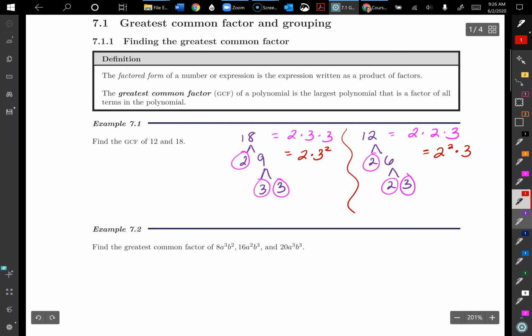So we're good there. Now we're going to take those values, and for the GCF, we want to write what is shared. What is the same on there? So we've done this before with lowest common multiple, where we wanted to multiply out every distinct prime. It was a different thing.